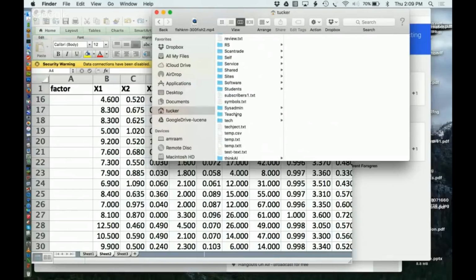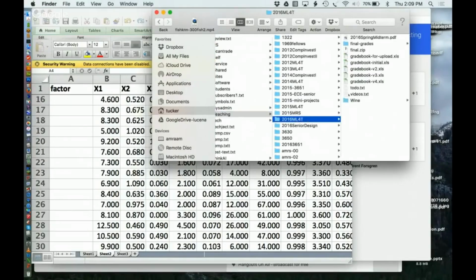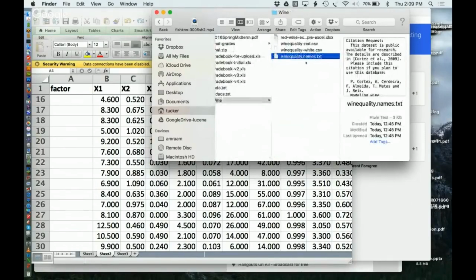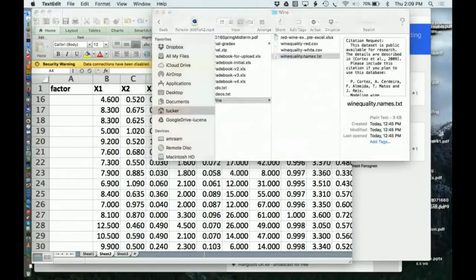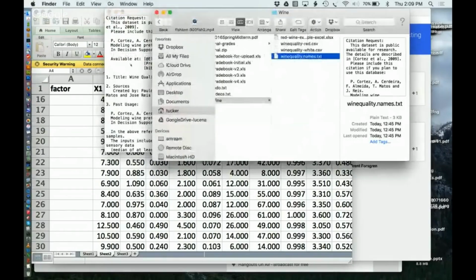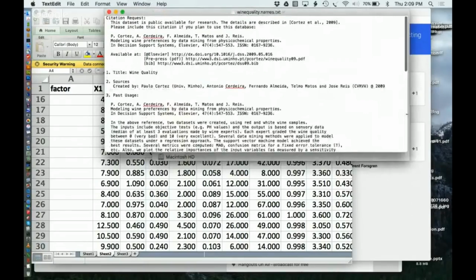Let's see. And I want to go ahead and properly credit the people who created this. So I'll do it again when we issue the assignment. But anyways, this is from a paper in 2009.